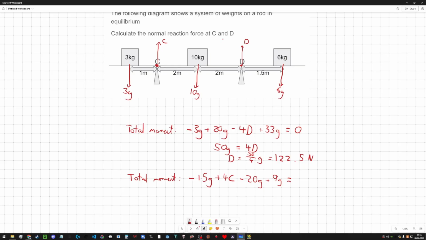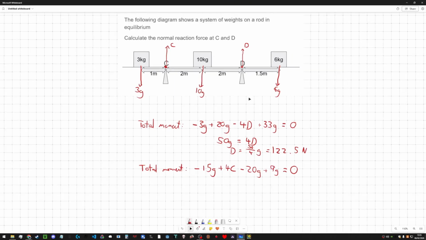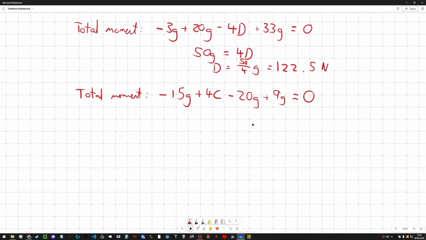Since it is in equilibrium, no matter where we put the pivot, the total moment is going to be 0. As such, we can then solve for C.